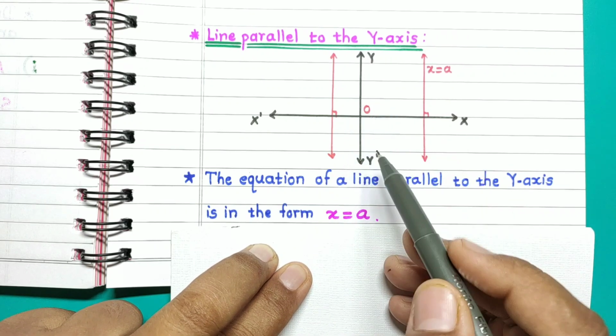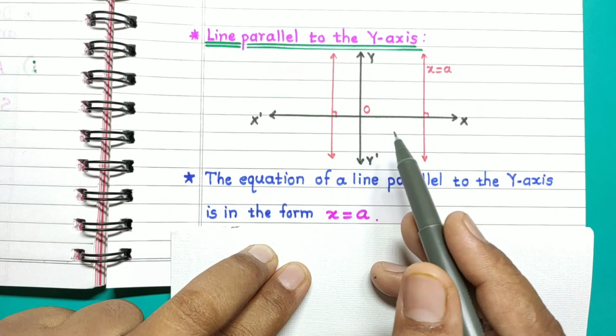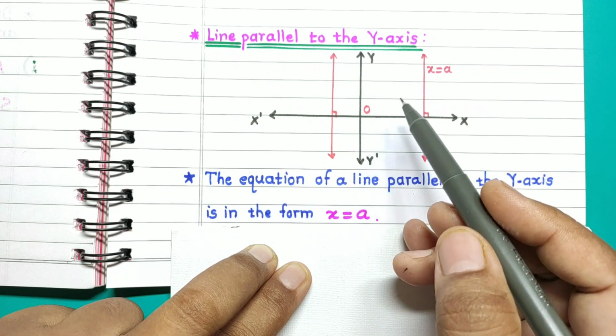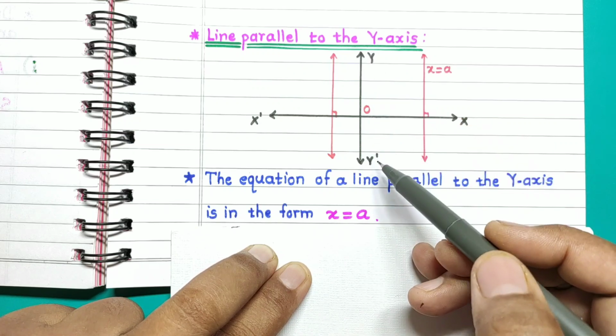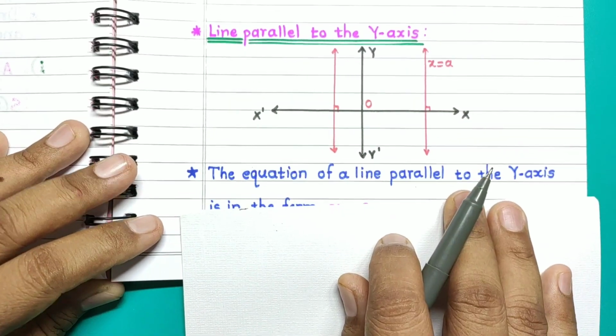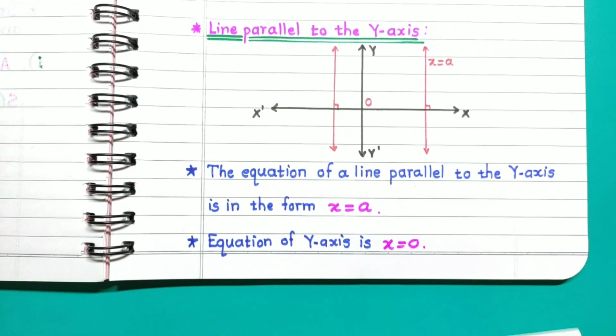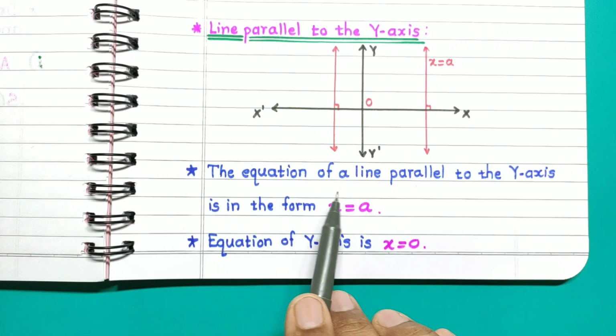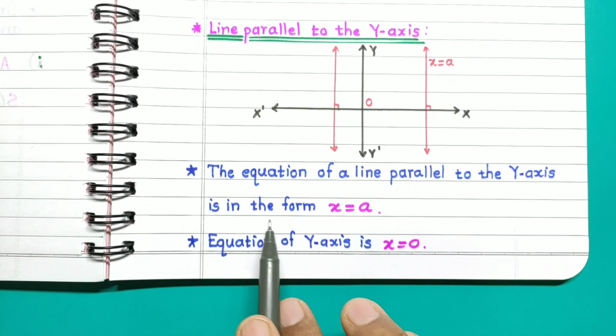So its equation is given by x is equal to 0, and also we find that the x coordinate of all the points on the y-axis is 0. So the equation of the y-axis is given by x is equal to 0. So note it properly. The equation of the y-axis is x is equal to 0 and the equation of a line parallel to the y-axis is in the form x is equal to a.